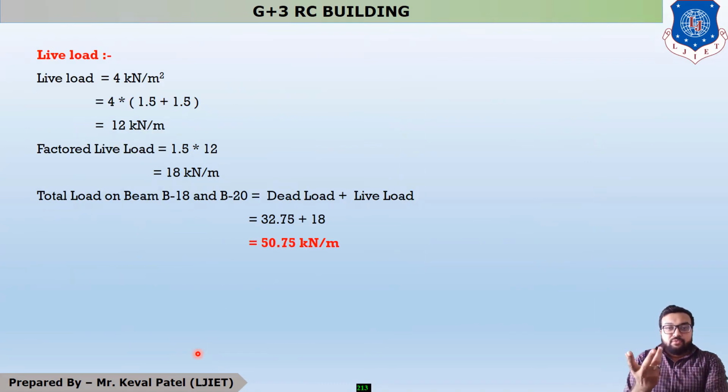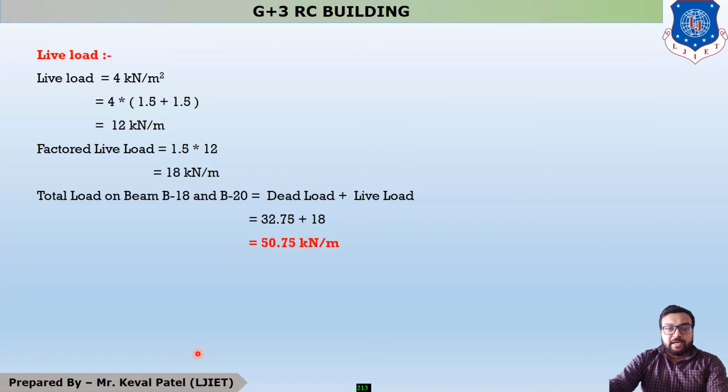Now we are moving further to the live load calculation. So in the question, it is clearly mentioned that your live load is equal to 4 kilonewton per meter square. But as per the calculation of dead load, the similar calculation for live load is half of the load from left side of slab and half of the load from right side of slab.